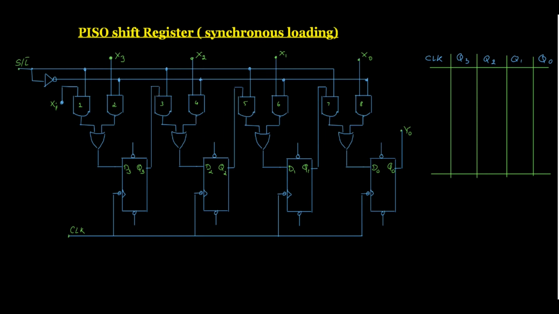The output of flip-flop number 2 is connected to a combinational circuit, and then that output is connected to the input of flip-flop number 1. So here we have flip-flops number 3, 2, 1 and 0. And finally, the data coming out is from Q0, or you can say Y0, where we are getting this data in serial form.